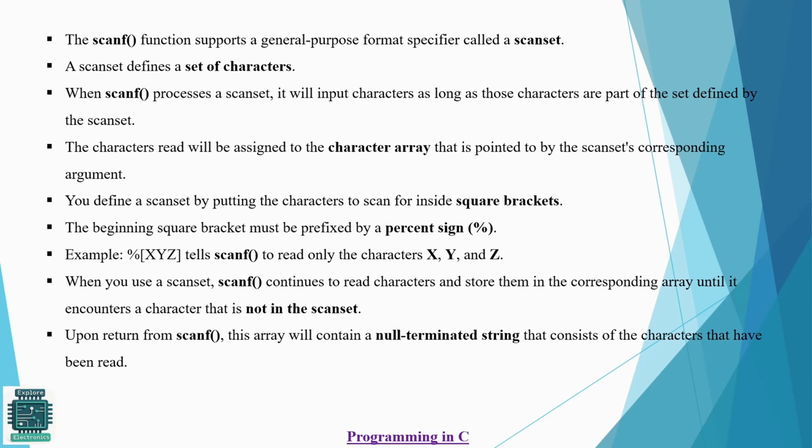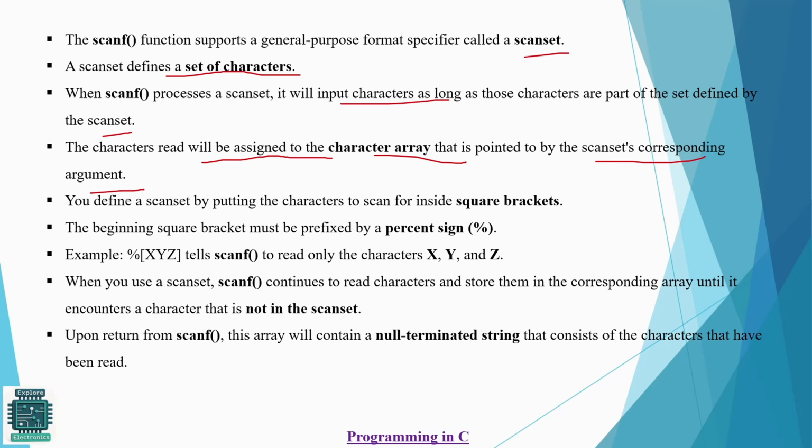The scanf function supports a general purpose format specifier called a scanset. A scanset defines a set of characters. It will input characters as long as those characters are part of the set defined by the scanset. The characters read will be assigned to the character array that is pointed to by the scanset's corresponding argument.